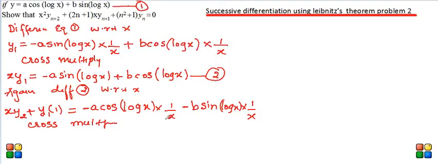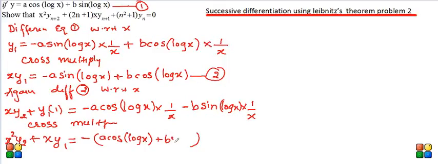So this x again as a rule we are cross multiplying. When we cross multiply, this x will go to the left side, it will become x square y2 plus x y1 is equal to, when I take minus common, whatever remains here is nothing but a cos log x plus b sine log x, from equation 1 it is equal to y.